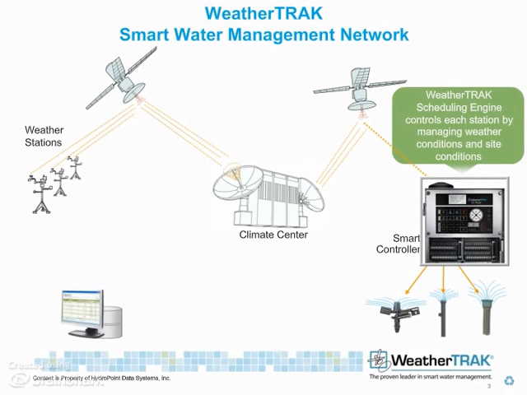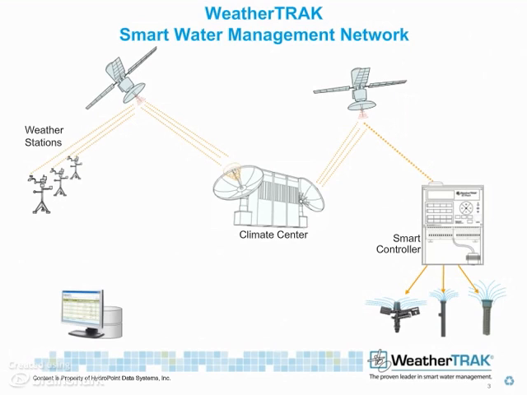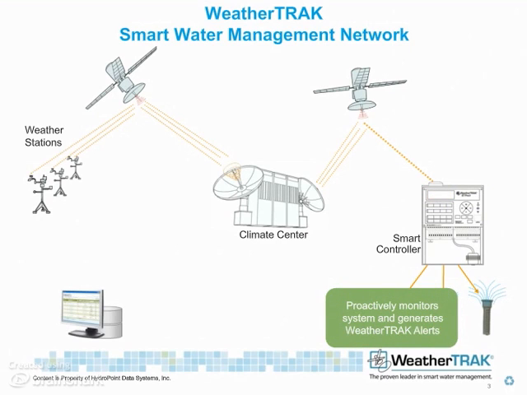Now, let's discuss exactly what kind of information the WeatherTrack system creates, beginning with alerts. The system is capable of monitoring a certain number of things for you and providing a WeatherTrack alert if the system identifies that a situation might require management. Let's say, for example, something goes wrong with your irrigation system, like a bad valve or loss of communication.